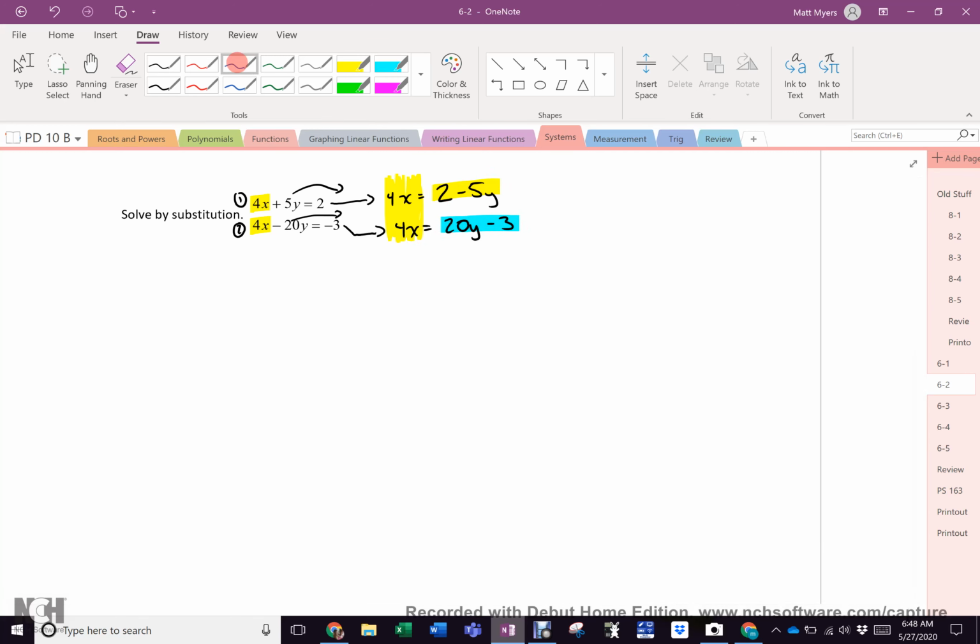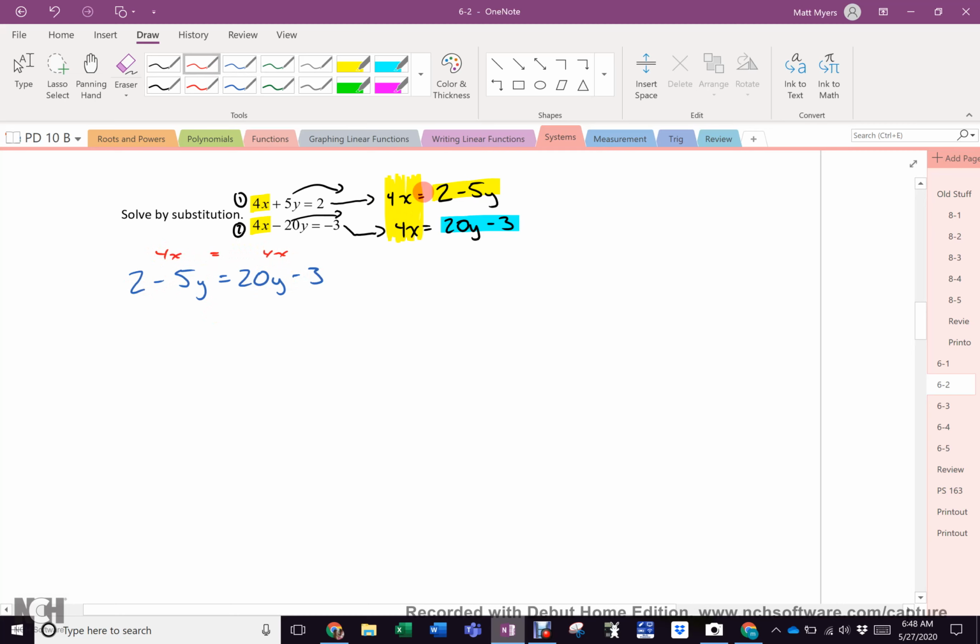So doesn't that mean 2 minus 5y equals 20y minus 3? What do you mean, Mr. Myers? Well, of course it does, because doesn't 2 minus 5y equal 4x? And doesn't 20y minus 3 equal 4x? And then doesn't 4x also equal 4x? Of course it does. They're the exact same thing.